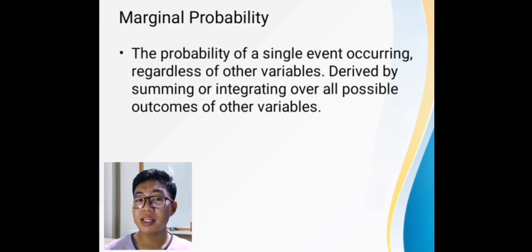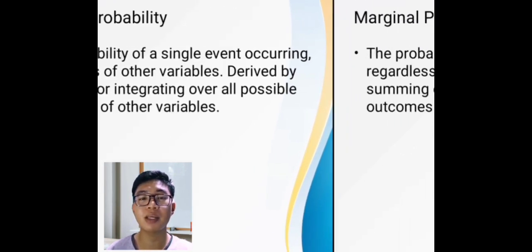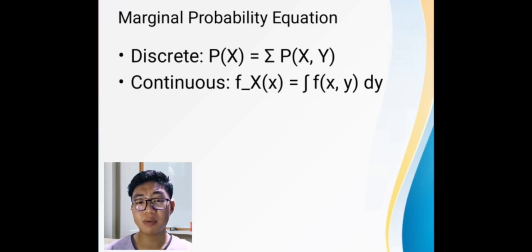Marginal probability is the probability of a single event occurring without considering other variables. It is derived by summing or integrating over all possible outcomes of the other variables in a joint distribution. So here are the formulas for marginal probability. For discrete variables, we sum the probabilities of all possible outcomes.